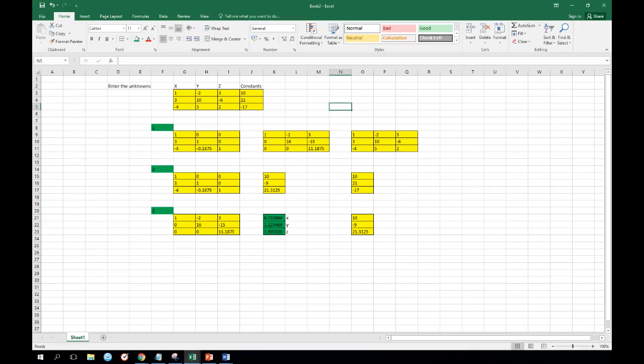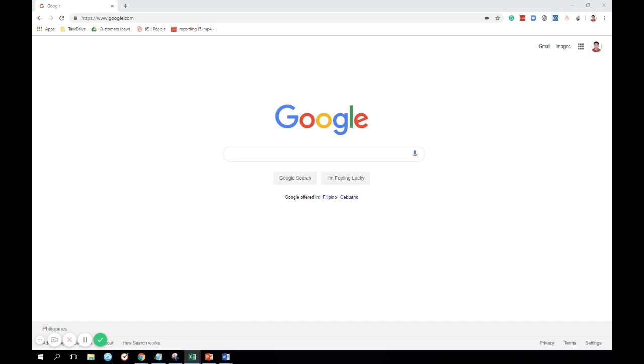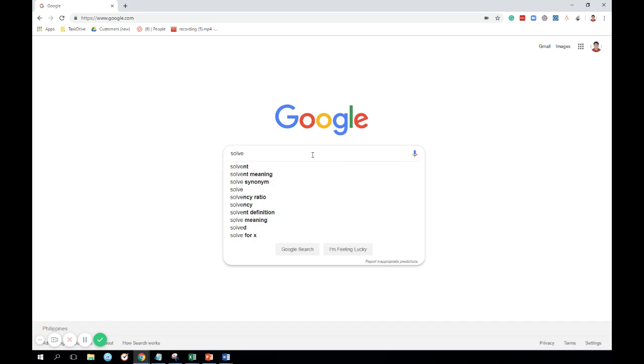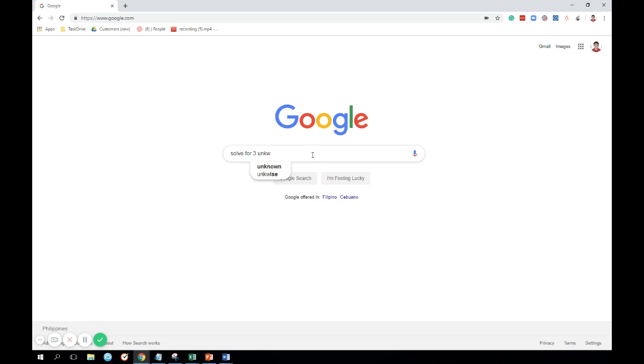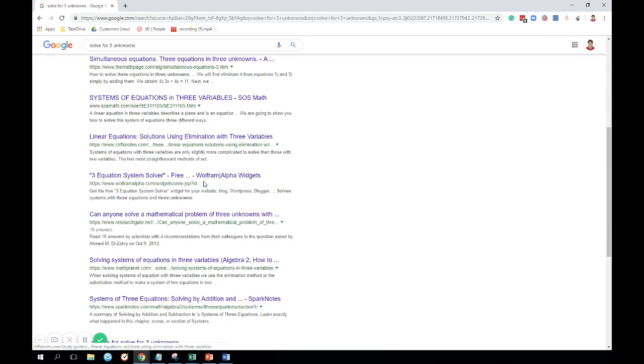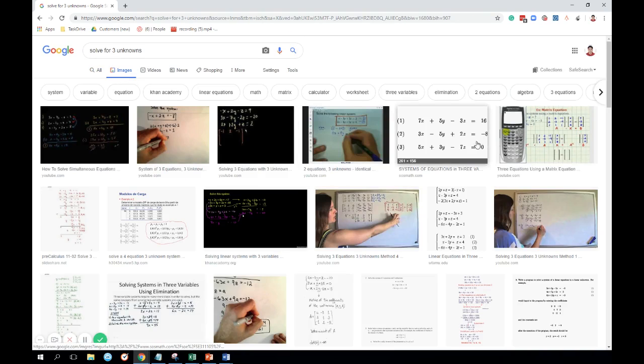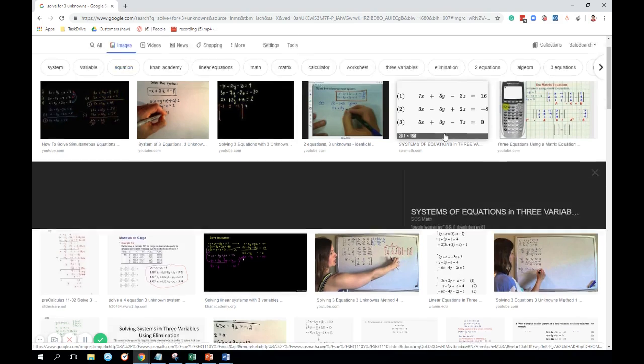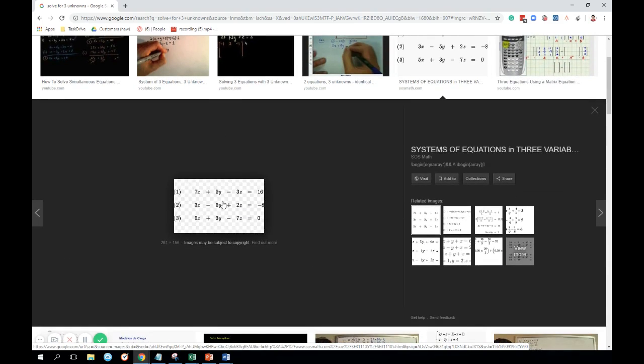So let's go ahead and grab some examples online. Let's solve for 3 unknowns. Let's get some examples here. So these are the equations.